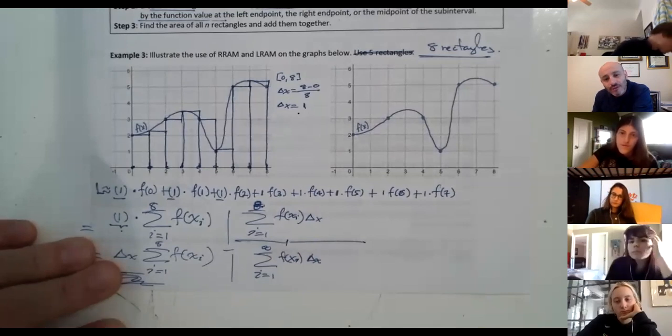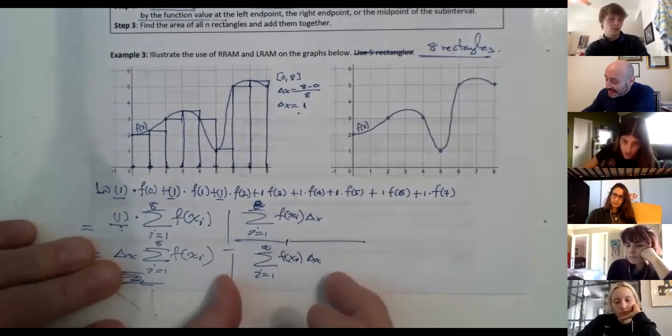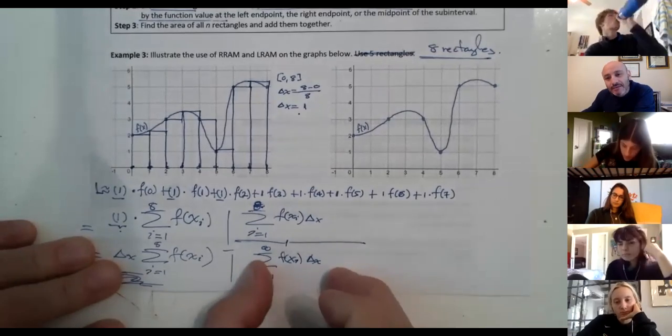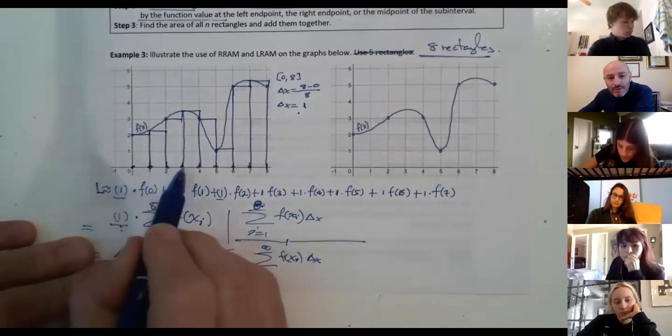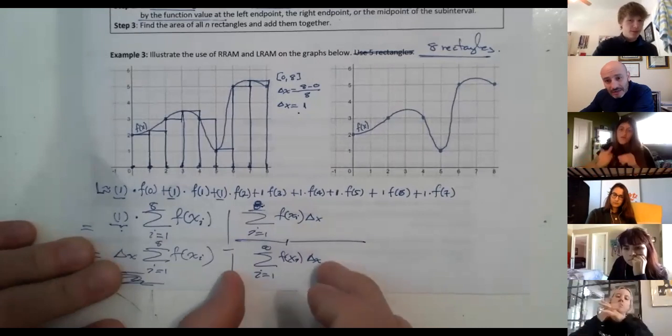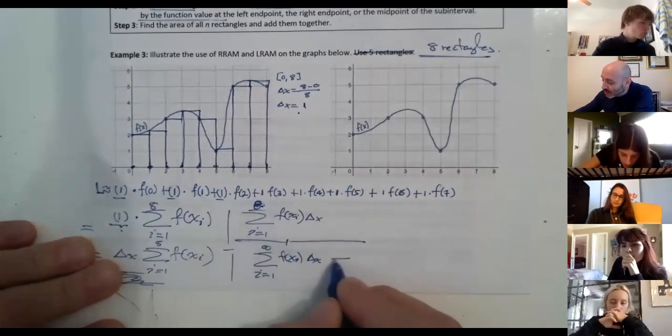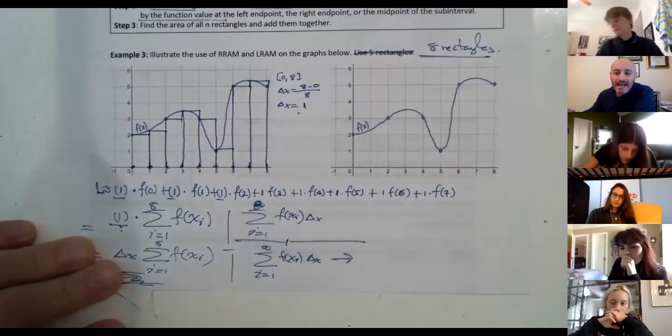What do you think we're doing? Well, you're approaching the real area. This is like a limit because I'm making very, very fine partitions, okay? This sum, and that's going to be the topic of the next class, is going to lead to the exact area, okay?